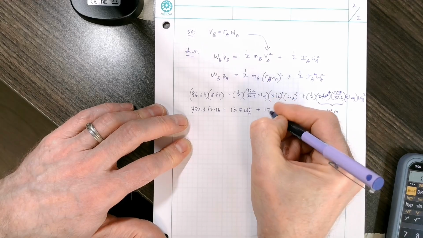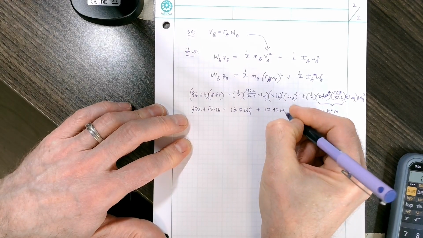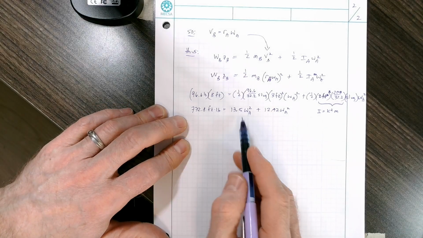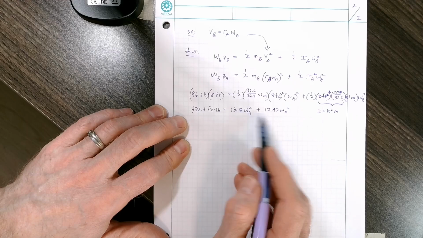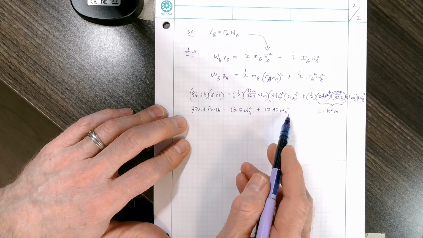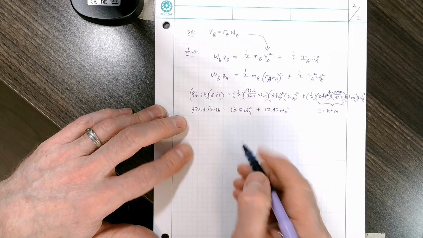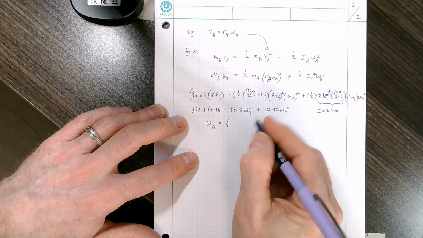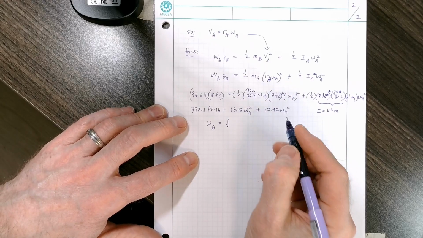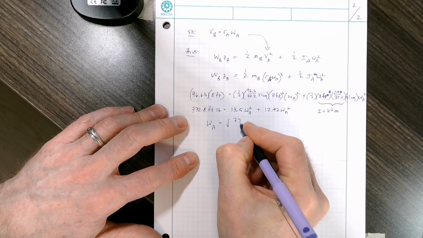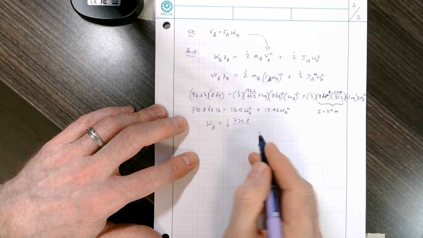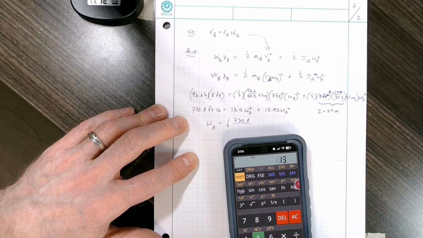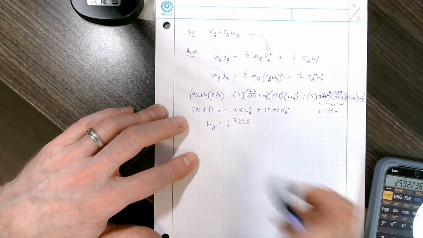It's about evenly split, hey? In other words, a little bit more than half of this energy goes into the block, and a little bit less than half goes into the wheel. So I'll process this further. Omega A squared equals 772.8 divided by the sum of those two, 12.42 plus 13.5, which is 25.92.